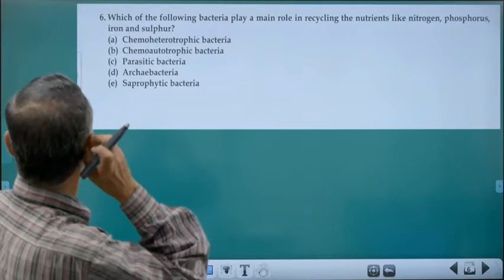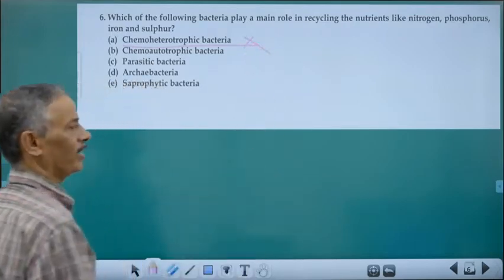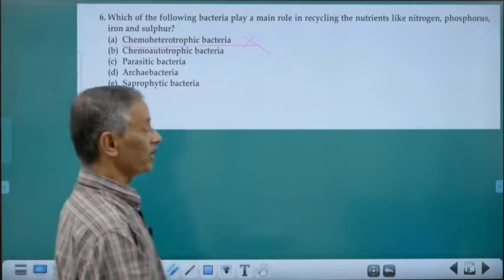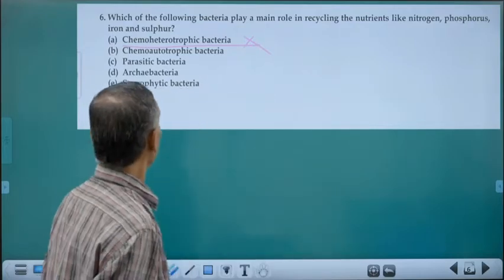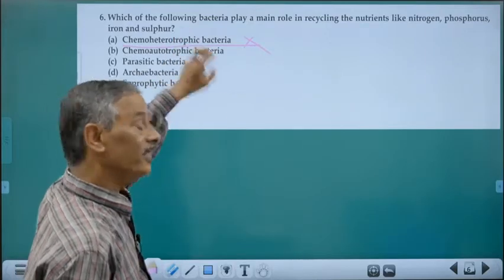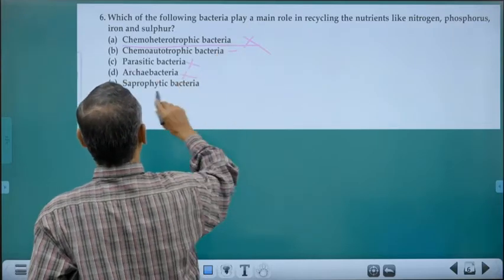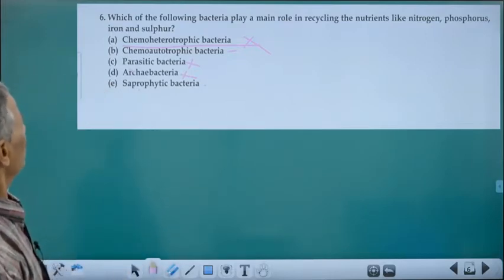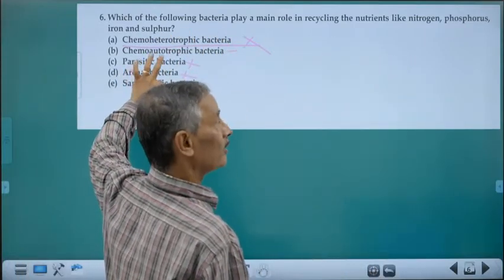So saprotrophs. Chemoautotrophic bacteria, chemoheterotrophic, no, they are depending on others. Chemoautotrophs, they are all responsible for the breaking down of dead, decaying organic materials. Parasitic bacteria, no. Archaebacteria, no. Saprophytic bacteria. See, saprophytic bacteria are very, very important. Okay, they are all breaking down.